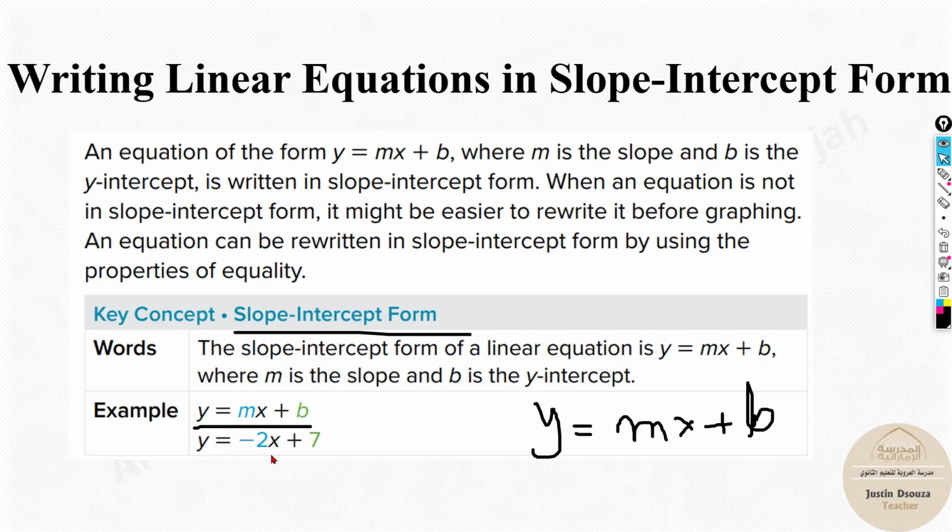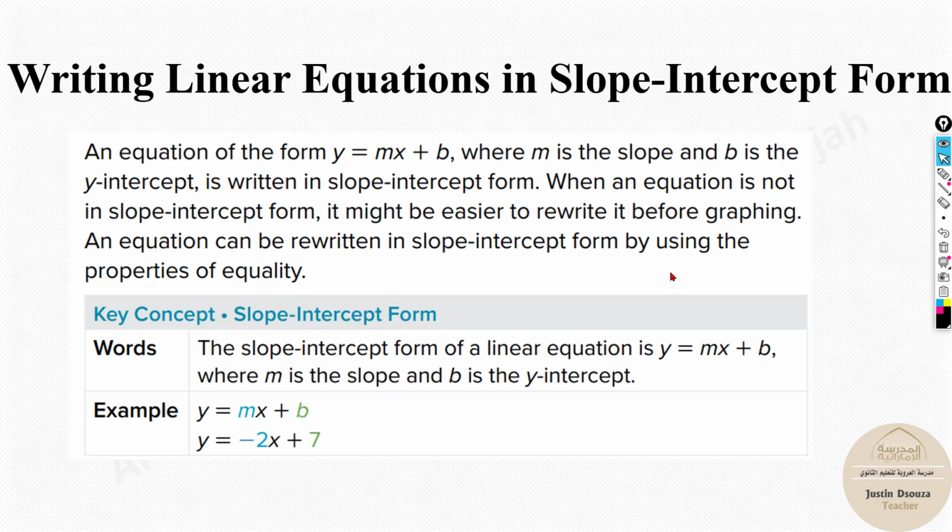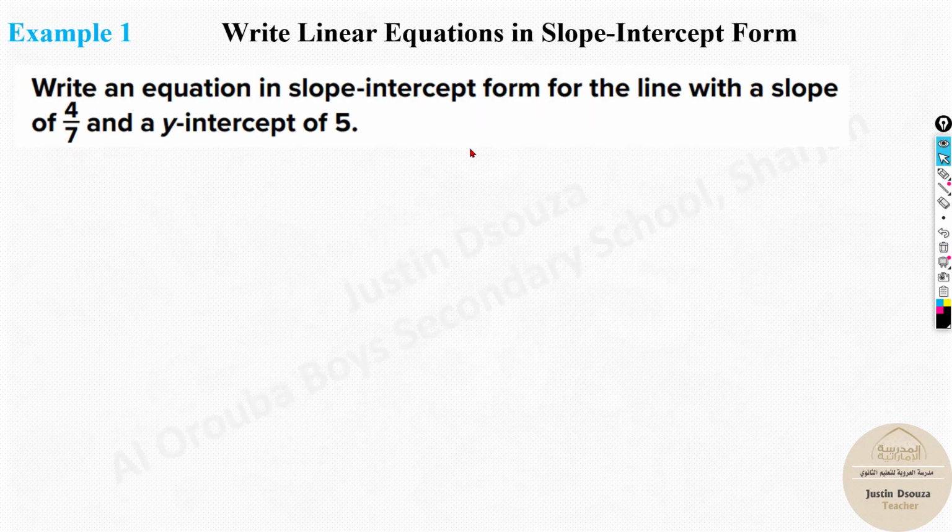Now here, if you have any equation, make sure y is alone and then you will get the constant value, the coefficient of x, that is the slope m, and the constant term, whichever number it is, is the y-intercept. We will look into this here.